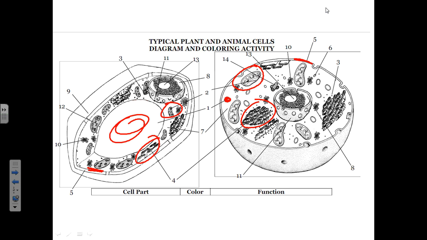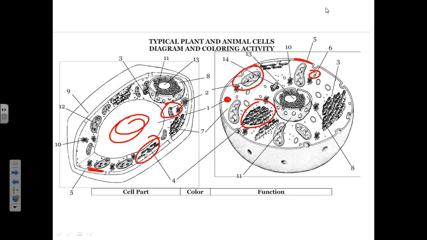All right, moving on down our list. Let's look at number 6. 6 just looks like a small vacuole, which is really sort of what it is. Notice that 6 is labeled in the animal. Plant cells don't usually have these. These are lysosomes. And remember, lysosomes are used to break things down inside a cell.